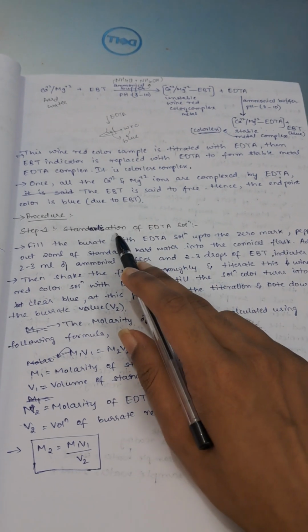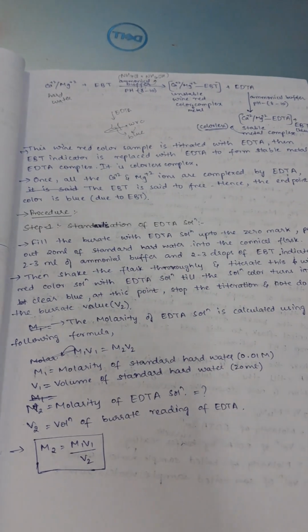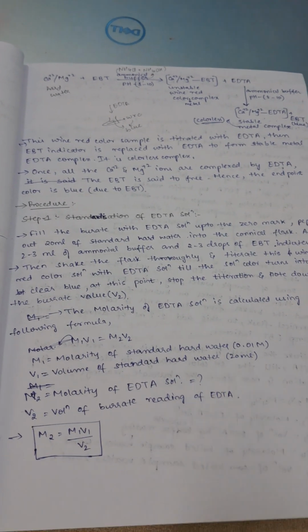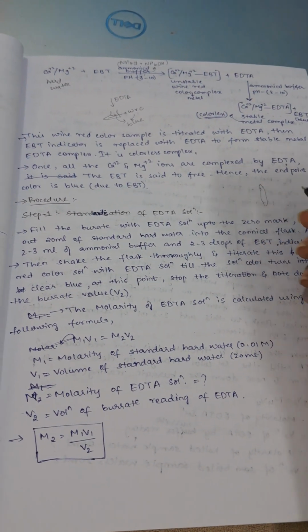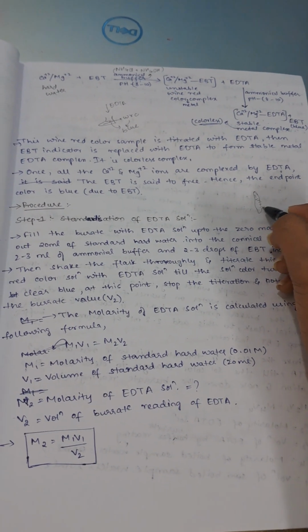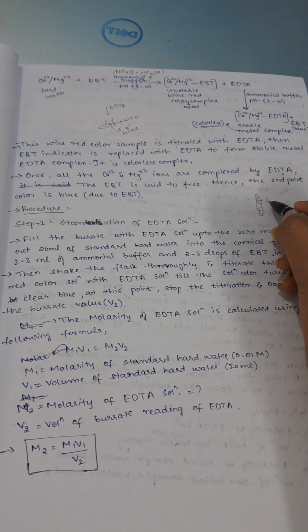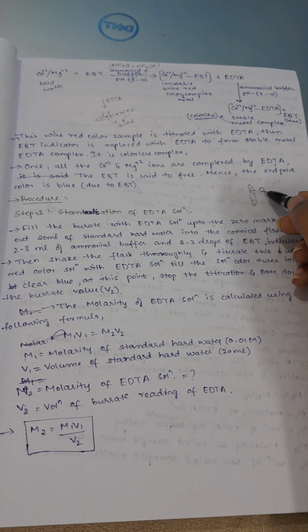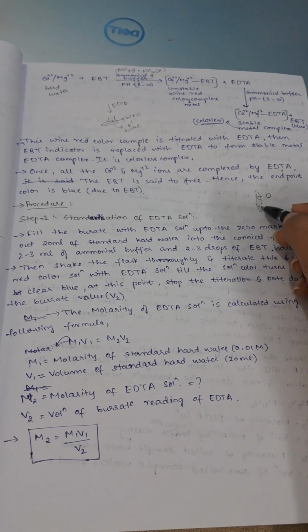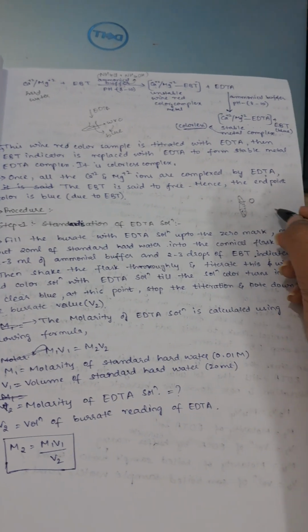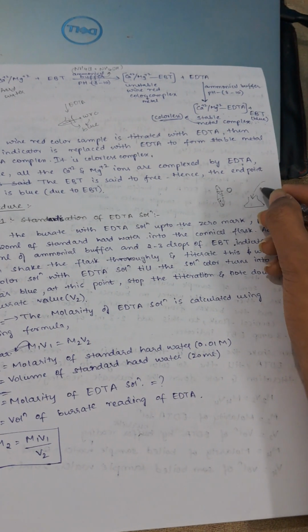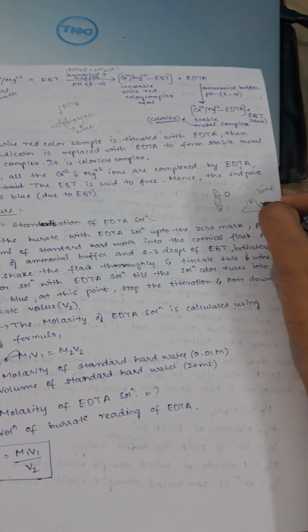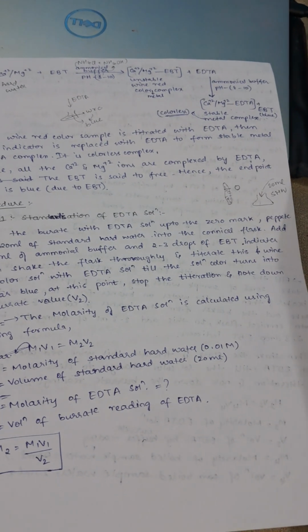First step is standardization of EDTA solution, means we need to find the molarity of EDTA. First, take a burette and fill it with EDTA solution up to the 0 mark. After that, take a conical flask. In that, pipette out 20 ml of standard hard water.